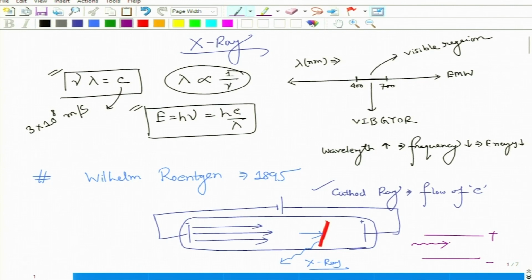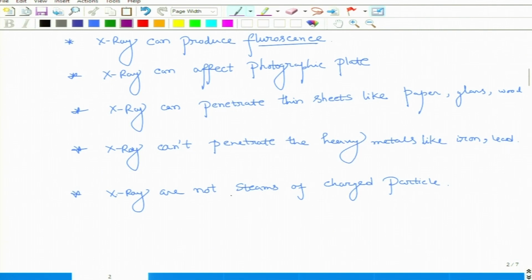If it were a flow of negatively charged particles, obviously it would be attracted towards the positive side. If it were a flow of positively charged particles, it would be deflected towards the negative plate. But actually it is not deflected in any direction, it goes straight. So it means it's not a stream of charged particles. It is confirmed. So then what can it be?